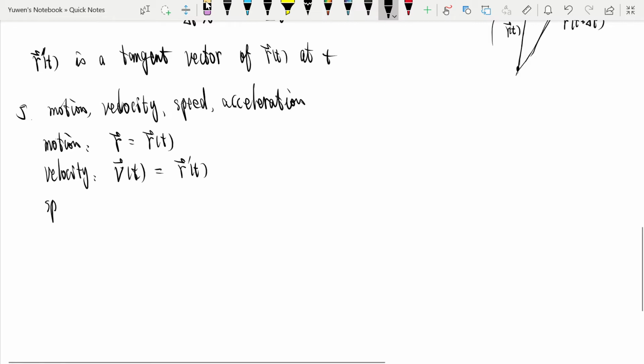And speed is the length of v(t). We just write as the scalar, the length of velocity.